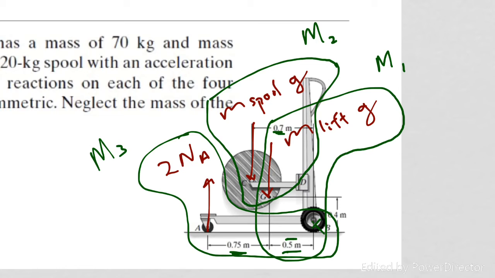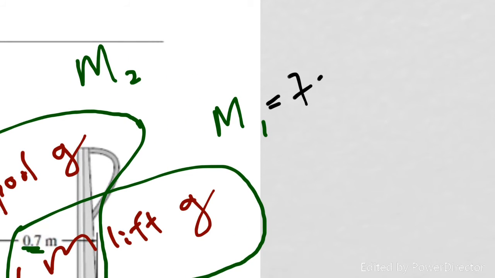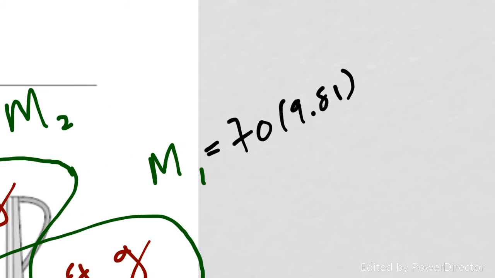So if you are not writing everything up, you want to label the diagram, so you can always write it over here. For example, M1, I am going to write as 70 times 9.81, because 70 is the kg, 9.81 is the g, times the distance. Just now we see 0.5.